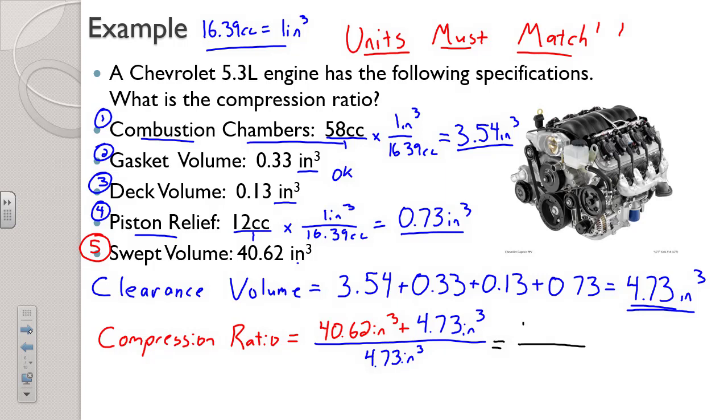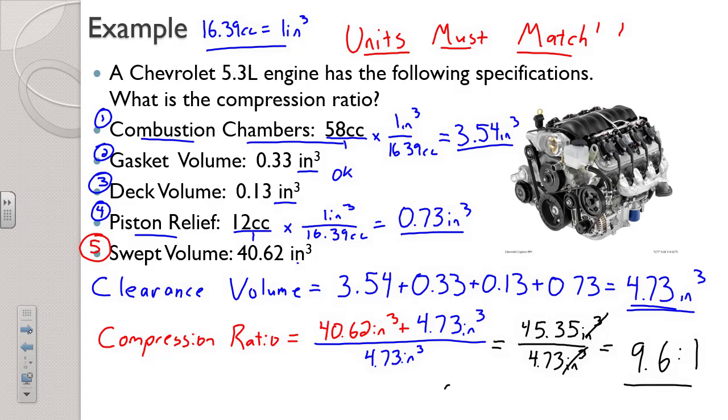And that gives us 45.35 cubic inches divided by 4.73 cubic inches. Now when you divide that, the units cancel, as is often the case, and we end up with 9.6, and that's a ratio, so 9.6 to 1.